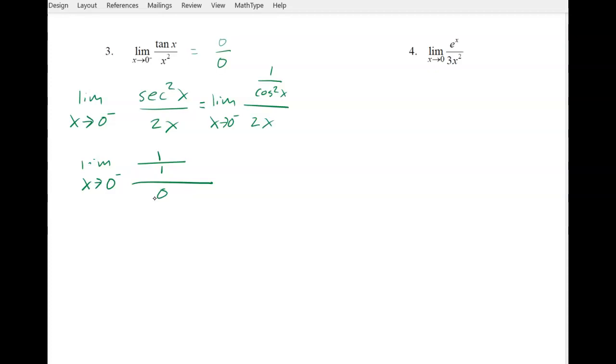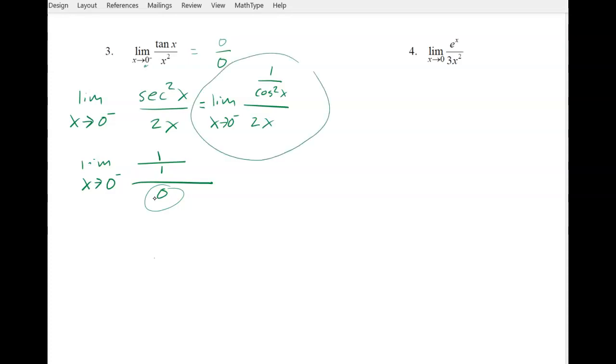I can take a look at a graph. So this is a one-sided limit, so it's possible it goes off to infinity. Because I'm dividing by 0, it either goes off to positive infinity or negative infinity. I can go back and look at the original limit or even look at this version of it here.